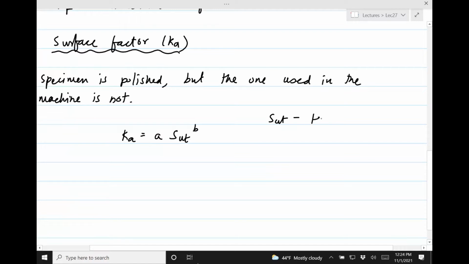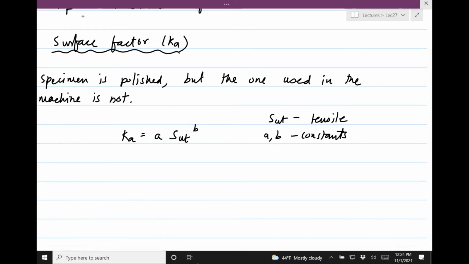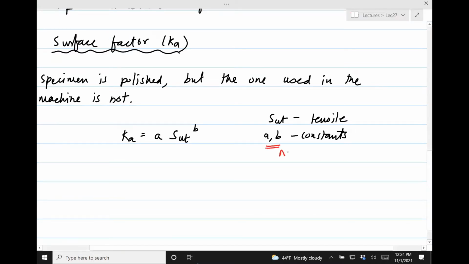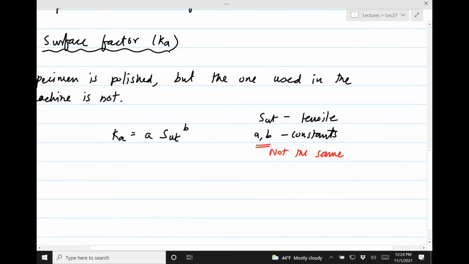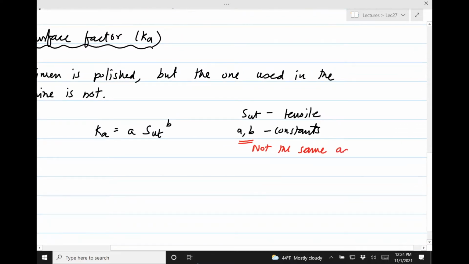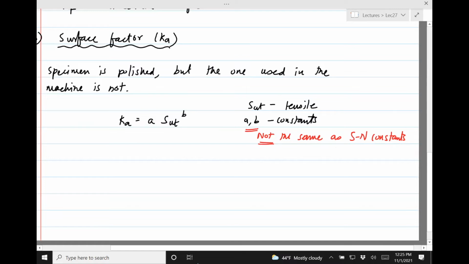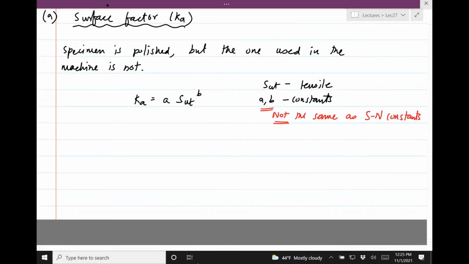SUT is tensile strength, A and B are constants, not the same. I wish they'd use a different symbol for this. Yeah, and this is really dependent on the material.